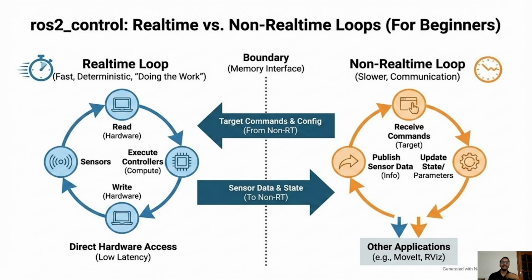Let's say that you're sending a trajectory and you're sending some PID parameters, or you're sending the trajectory commands or the joint commands or your command velocity of the base. Everything is received in the non-real-time loop, and then it is shared with the real-time loop in a thread safe way, and things happen under the hood.